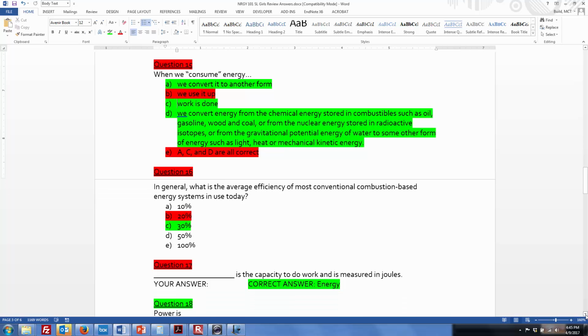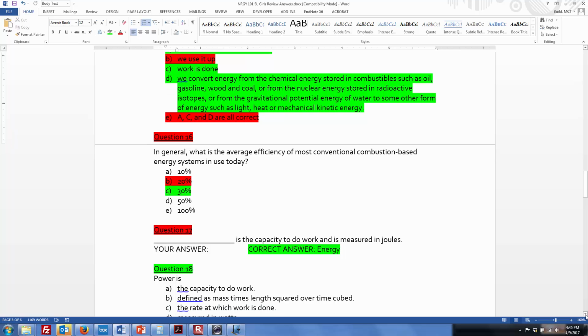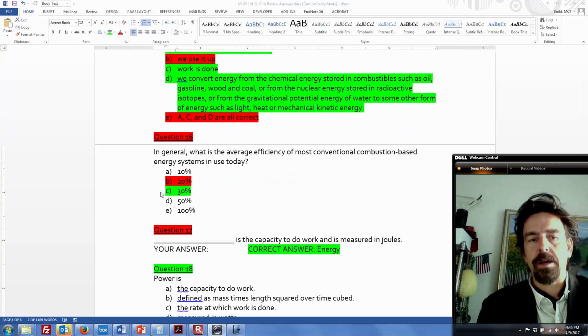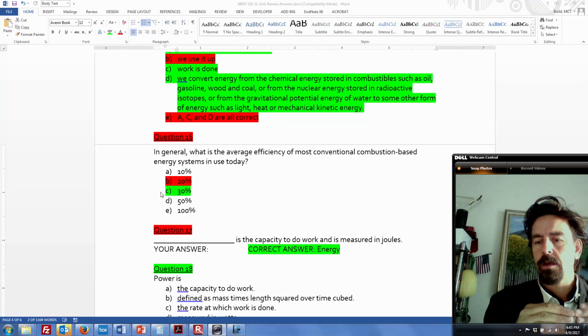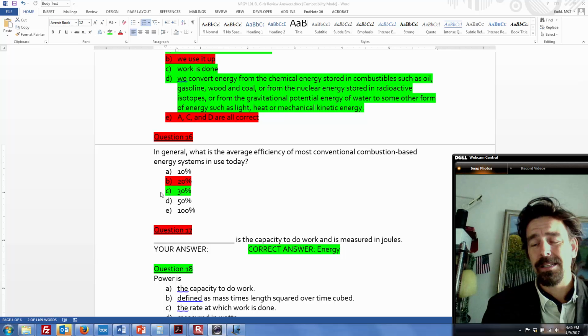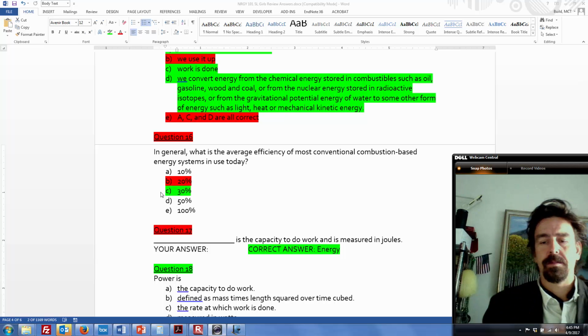Question 16. In general, what is the average efficiency of most combustion engines? It's maybe 30%. So what that means is 30% does work, 70% is heat. Let me show you.